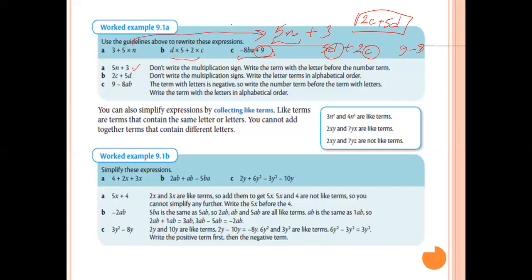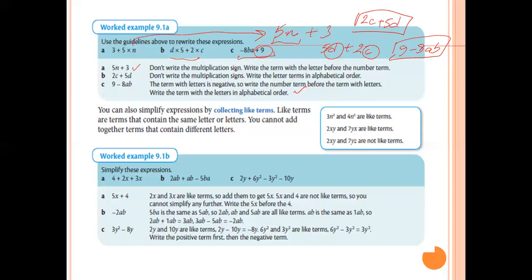You can change it, no problem. 8AB. So the answer is 9 minus 8AB. What was the explanation? The term with letters is negative, so write the number term before the term with letters. Write the term with the letters in alphabetical order.